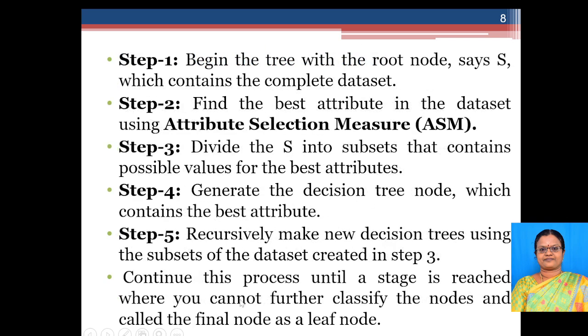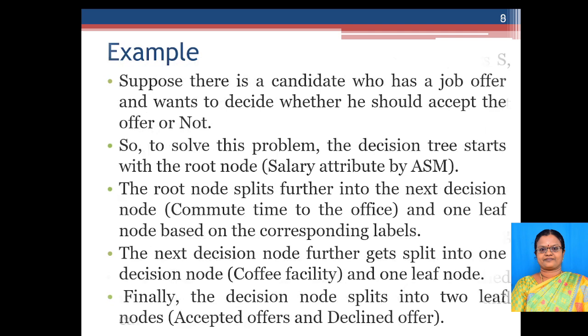Let's see an example. Probably after that you can understand. For example, there is a candidate who has a job offer and wants to decide whether he can accept the offer or not. To solve this problem, the decision tree starts with the root node, where the salary is considered as the first attribute.